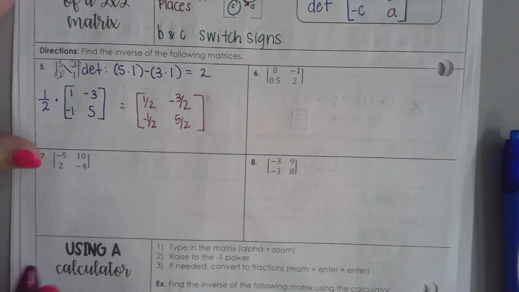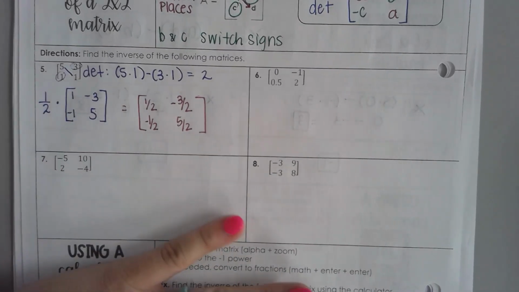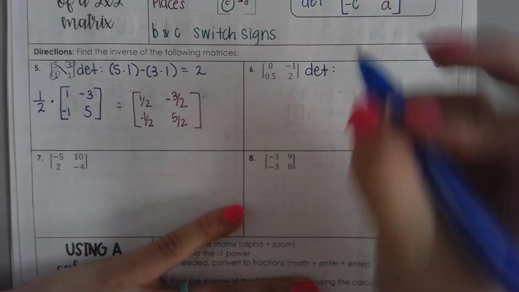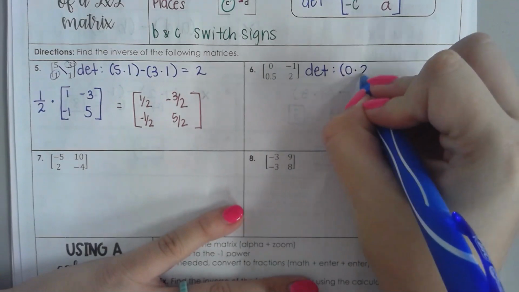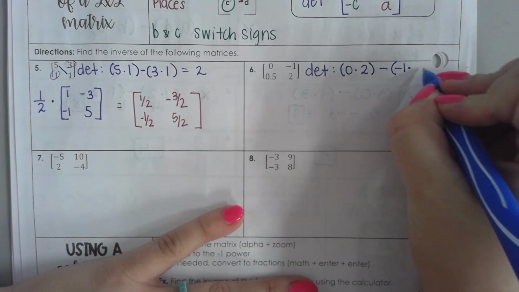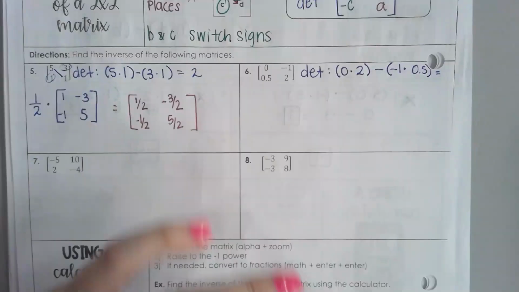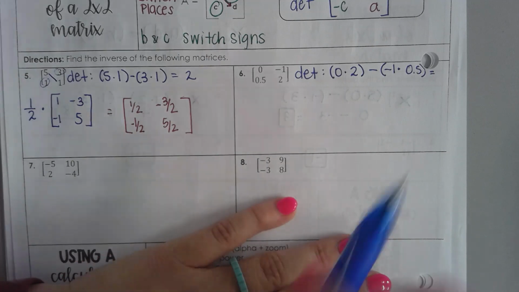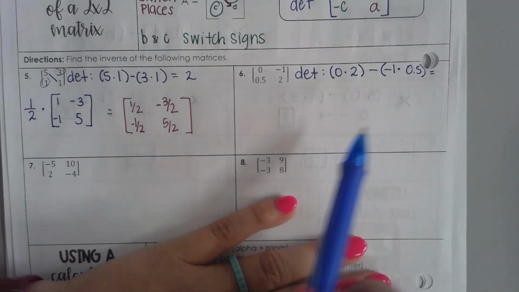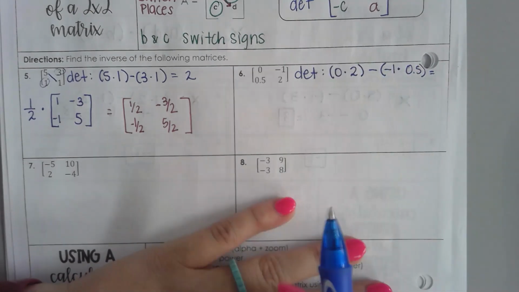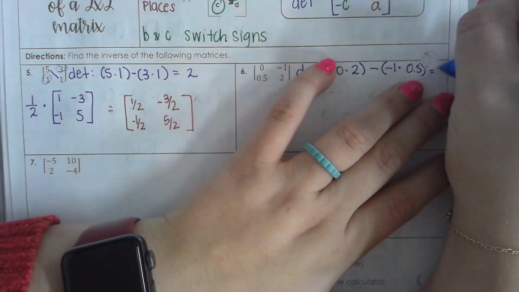All right, number 6. Start by finding the determinant. Zero times 2 minus -1 times 0.5. Zero times 2 is 0. -1 times 0.5 is -0.5. So 0 minus -0.5 is positive 0.5.